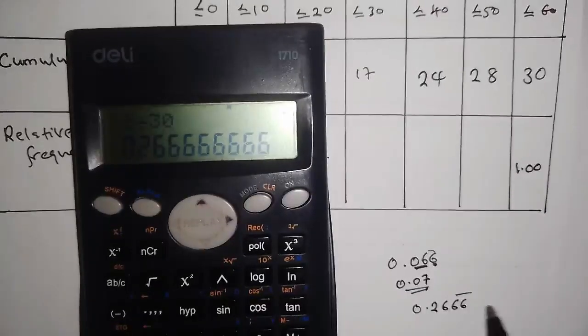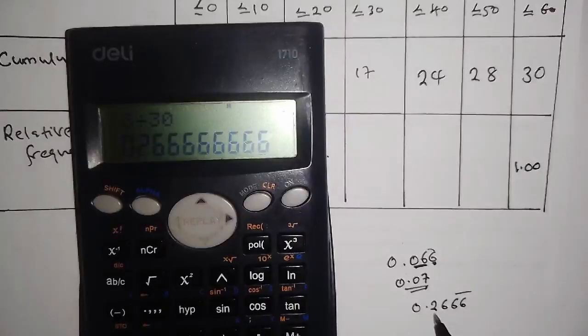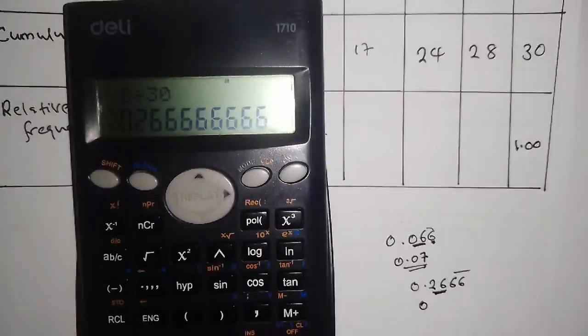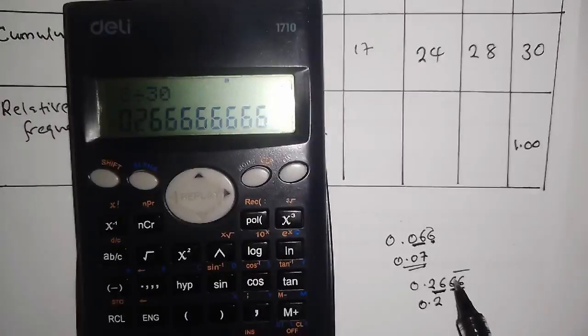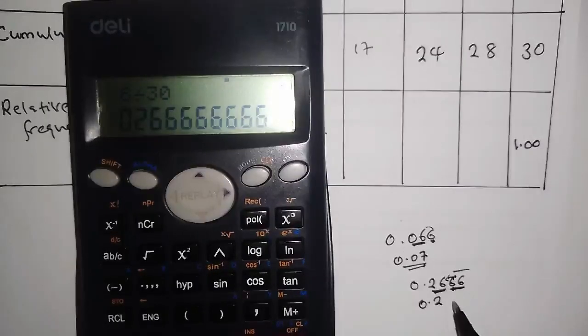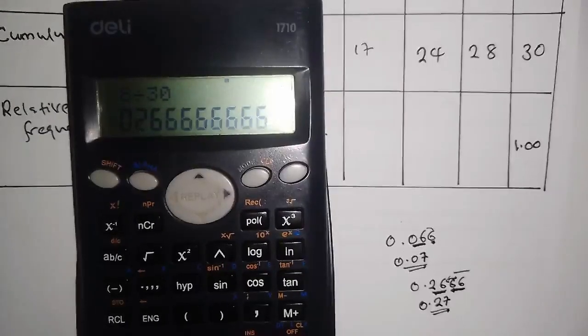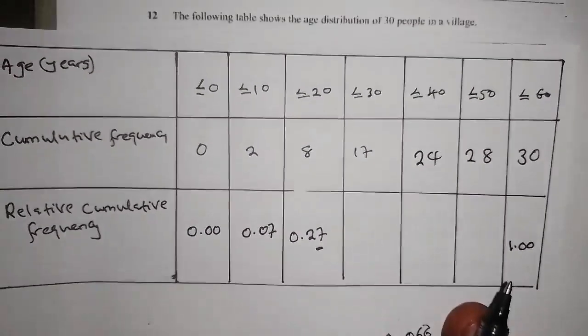The bar means the numbers go on like that, 6666. So you round off to 2 decimal places. It says 0.2, and these 2 sixes you just ignore. But because they are 5 and above, you get 1 from this 6 added to this. So you have 0.27.